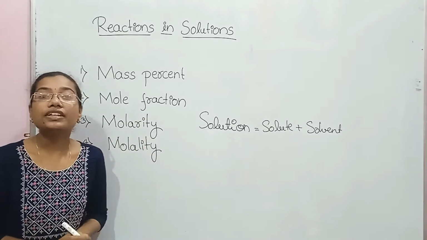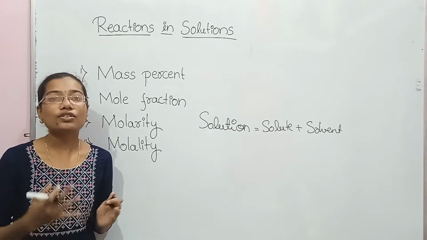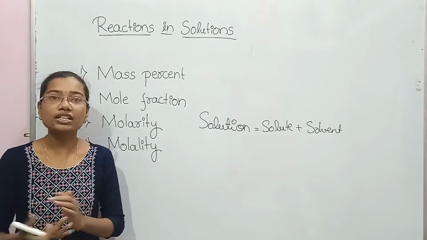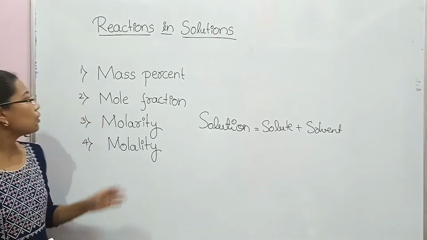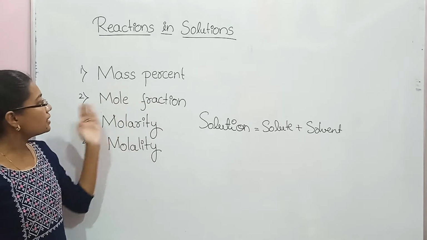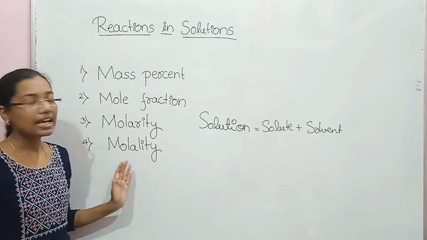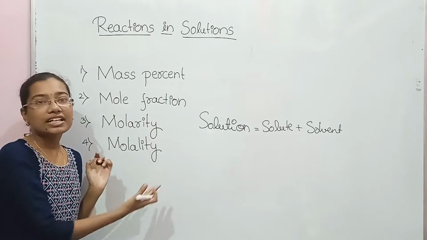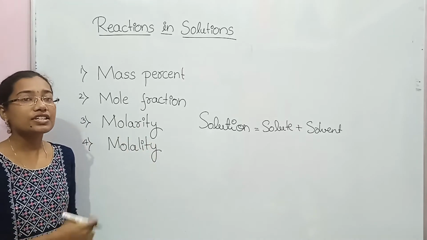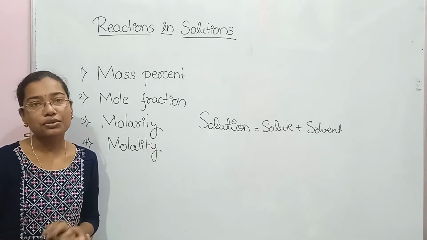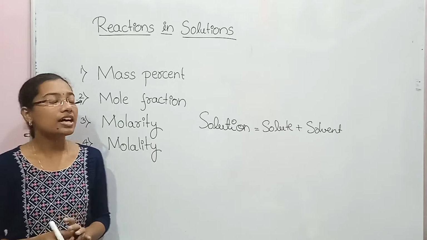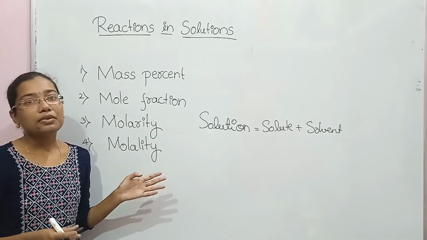These are the four different ways of expressing the concentration of the solute or the solution. Okay. Those are mass percent, mole fraction, molarity and molality. We can use any one of these methods to express the concentration of solute or solution. Okay. We'll see these four one by one.